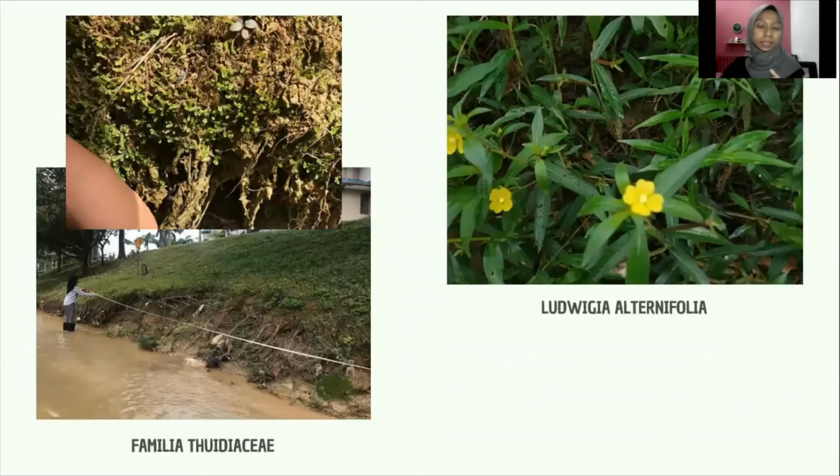So these are the two natural vegetation types that have been determined, which are Familia tudicae and Ludwigia alternifolia. This Familia tudicae is located near the rectory building site, on the straight section, right side of the bank.